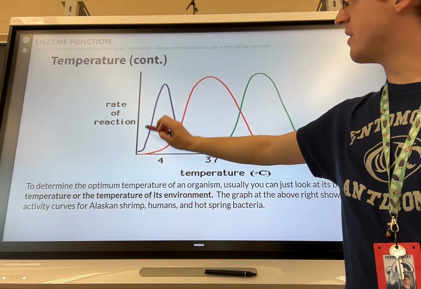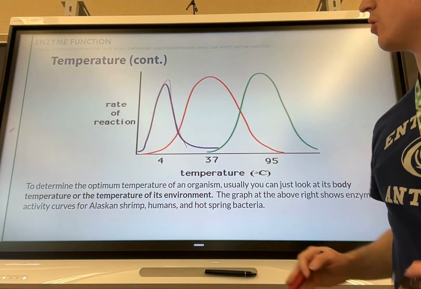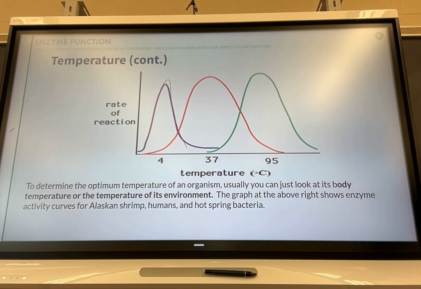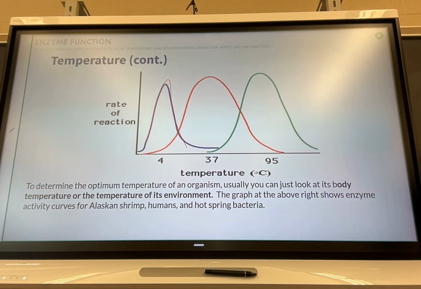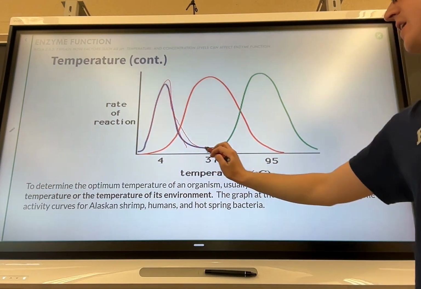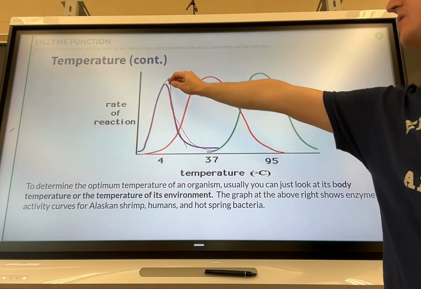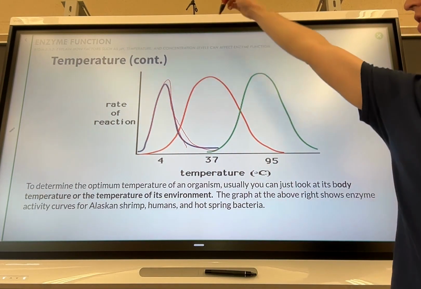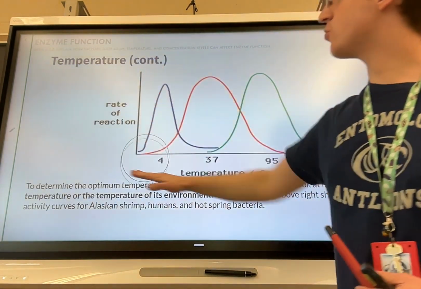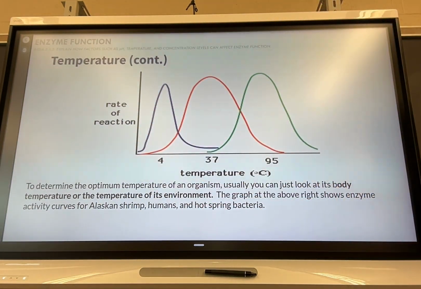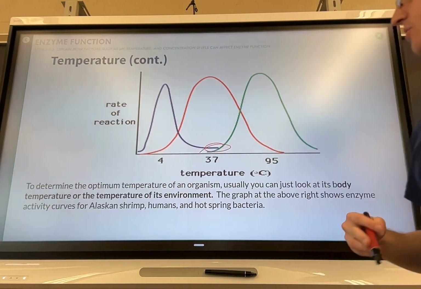When we're looking at this, we can see that this enzyme here works really well near freezing. This is actually the enzyme found in Alaskan shrimp. As we get into higher temperatures, you see that the rate of reaction drops and kind of flattens. This is when the denaturing is going to occur. At this point, the reaction isn't really happening.